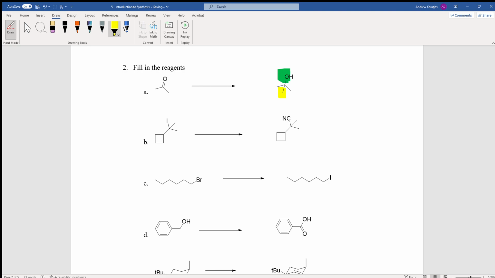Well, we know that carbonyls are good electrophiles, so we need a nucleophile that's going to add into that carbonyl, but at the same time, add a methyl group. And what better way to do that than with a Grignard? And if we want to be thorough here, we can then put in our second step, which is to quench the reaction with water.